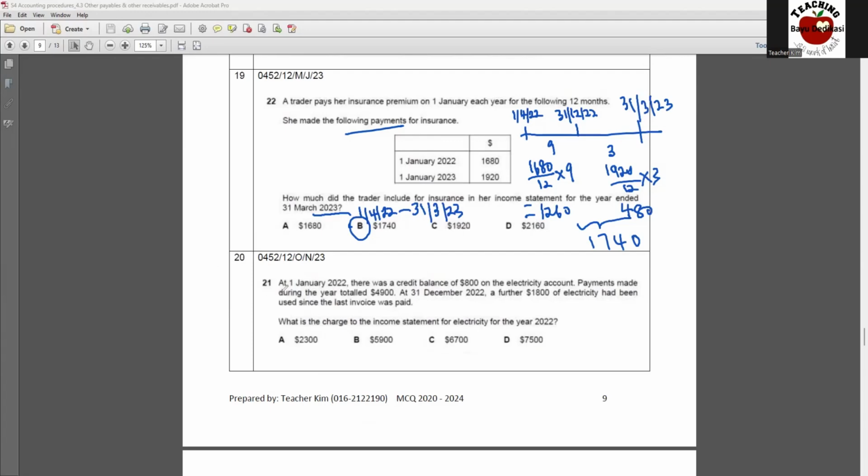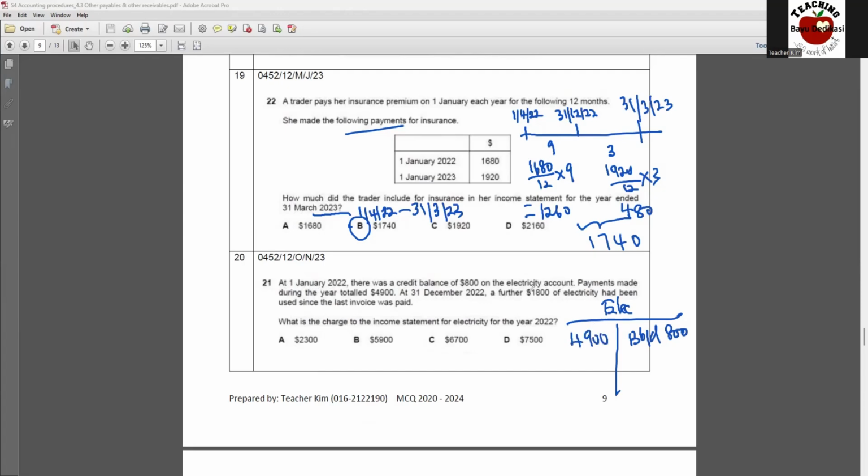Question 20. At 1st January, there was a credit balance of 800. Credit balance, this is an expenses account. This is electricity, an expense. Credit balance means balance b/d, 800 sitting here, liability. Payment made, this one is a bank amount, 4,009.